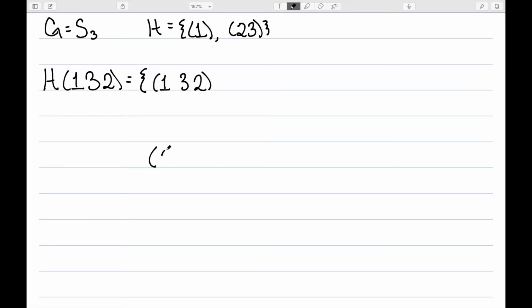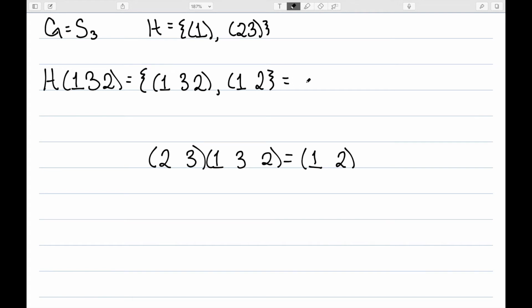The second element of H is (2 3), composed with (1 3 2). 1 goes to 3, and 3 goes to 2, so 1 goes to 2. 2 goes to 1, and 1 stays the same. 3 goes to 2, and 2 goes to 3. So the second element is (1 2). So that tells me this is also the coset H(1 2).